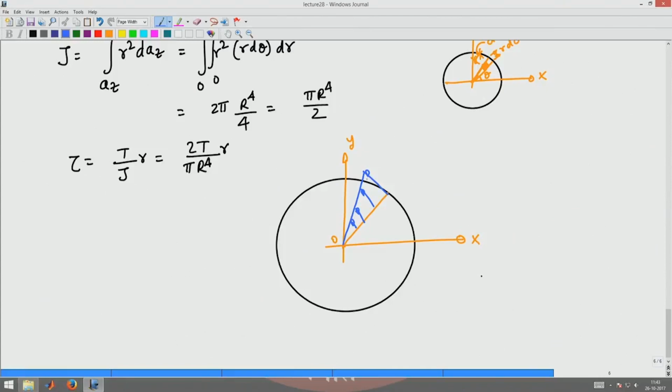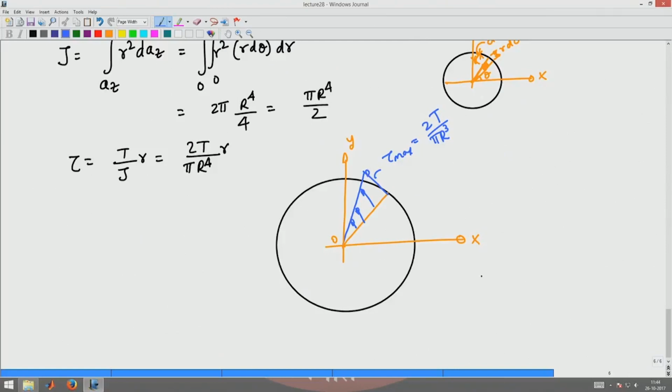The magnitude is going to increase linearly from the origin to maximum at the periphery, where this maximum tau max would be 2T by pi R cube, because R is the outer radius now. So it varies linearly from 0 to 2T by pi R cube.